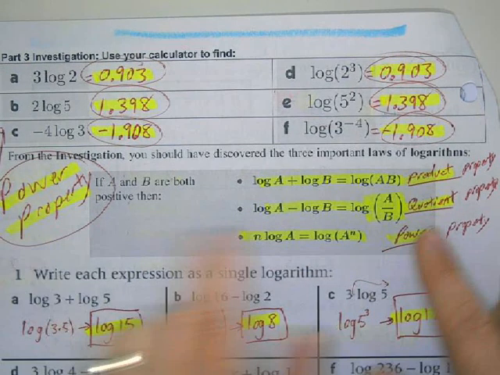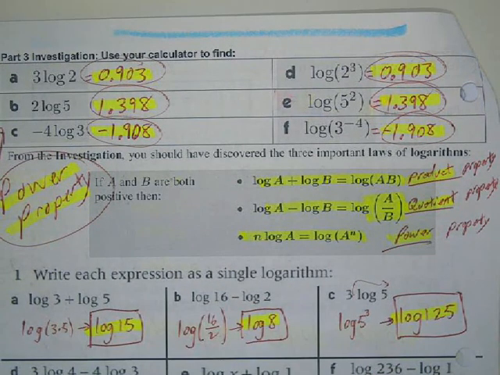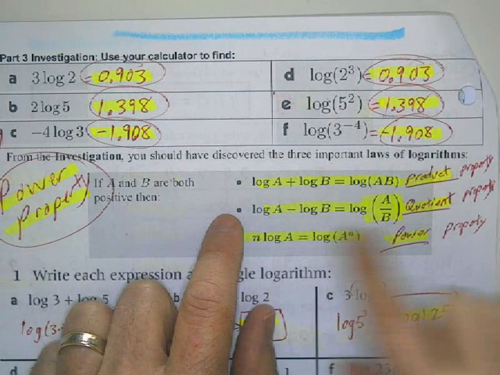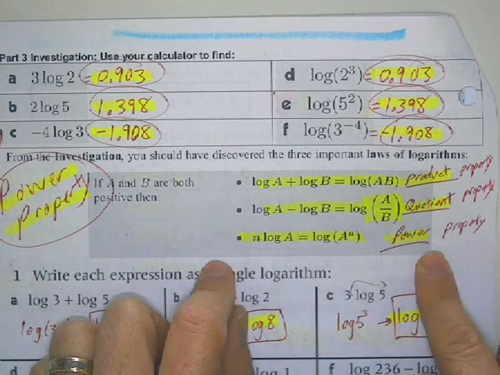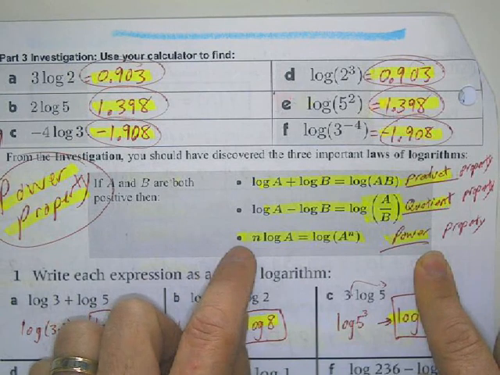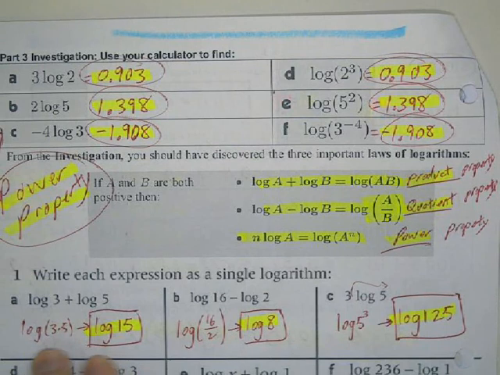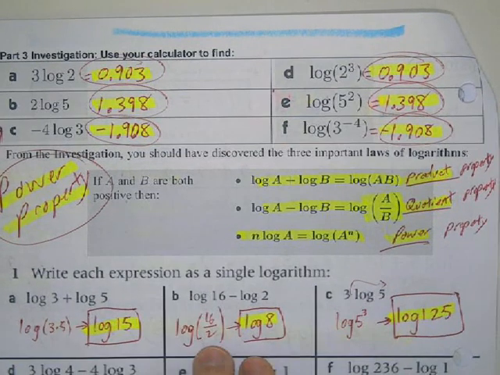What we've just discovered in the last 6 minutes, or maybe a few minutes longer, is the product property, the quotient property, and the power property of logarithms. These are things that will come in handy when you do calculus, for those going on to HL. These are useful properties. The next bunch of questions are just applying the log properties. You can see these 3 are done for you.